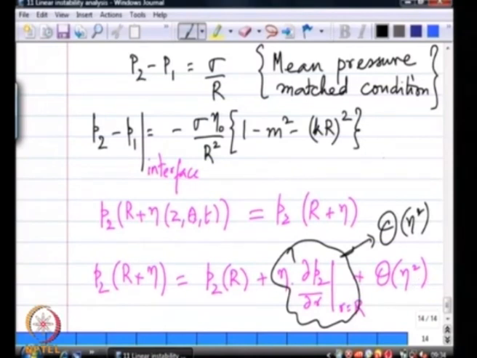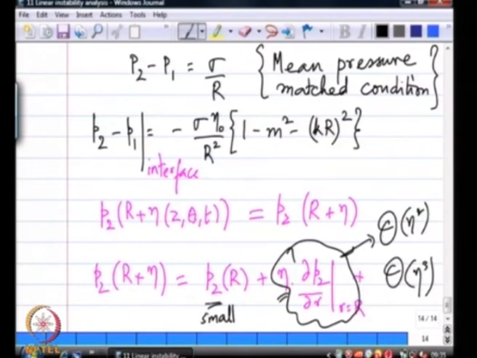Technically, the next term would be order eta cubed, because P2 is a small quantity, eta is another small quantity, and dP2/dr, the derivative of P2 with respect to r, is also a small quantity. So this already is a second order correction to P2.